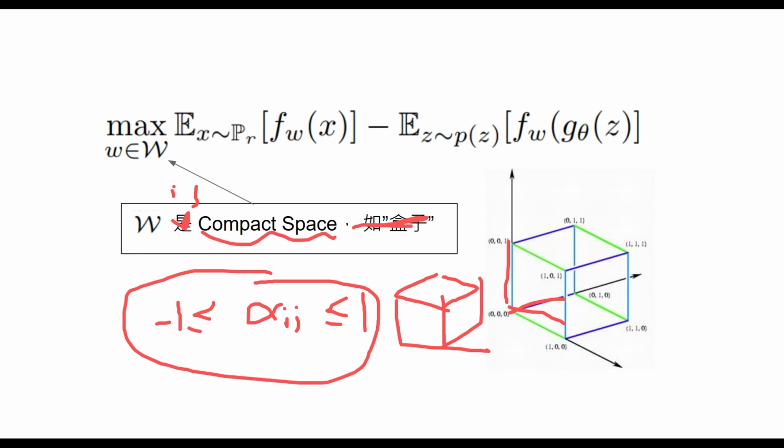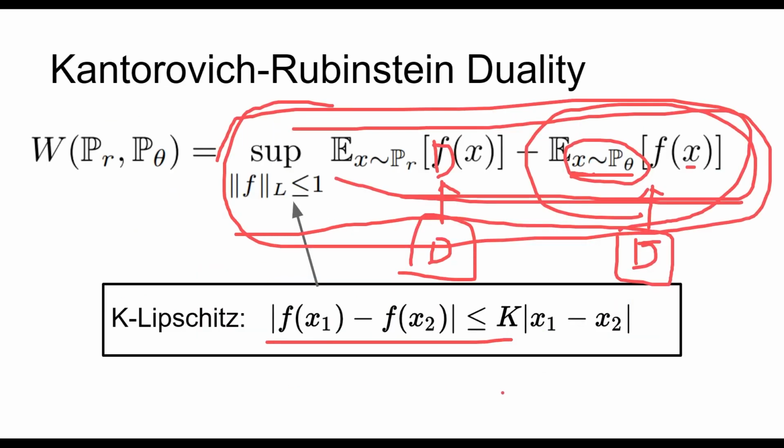So if your domain and every parameter is in a compact space, then your Lipschitz norm is finite. You have some k-Lipschitz function. It may not be 1-Lipschitz, but it has to be some k-Lipschitz. And we don't actually care what k is, because we have already fixed our neural network architecture.